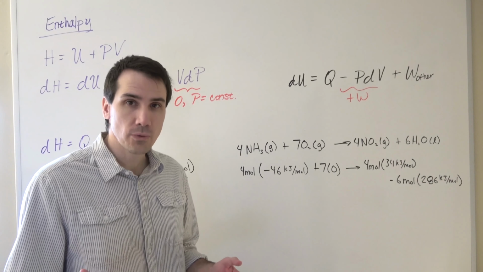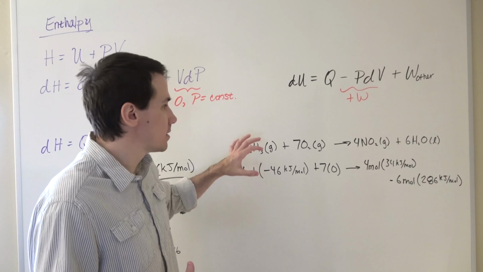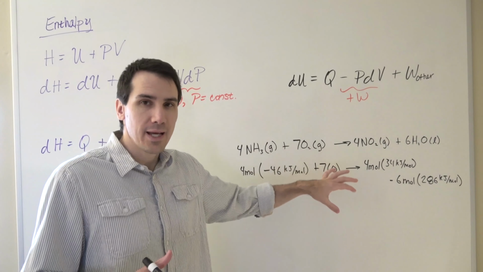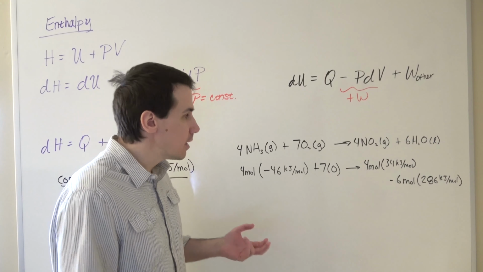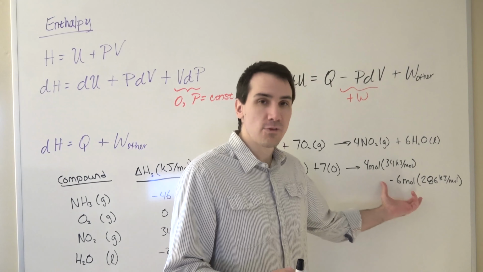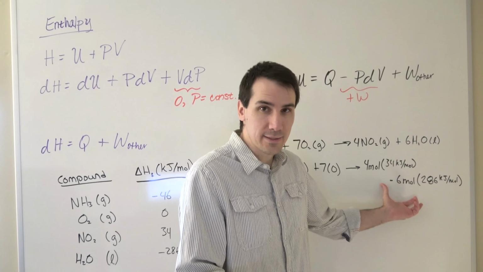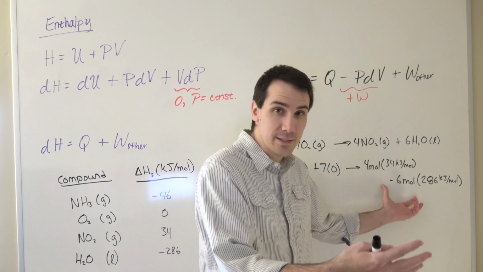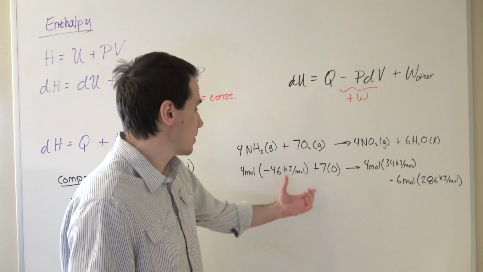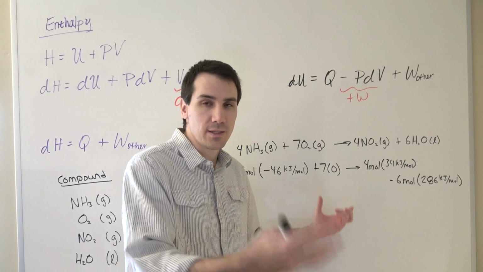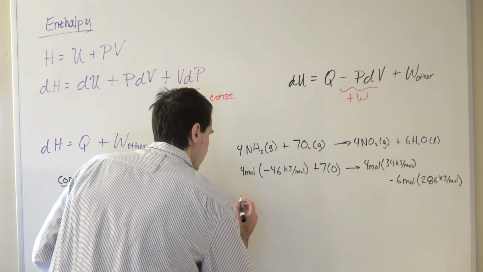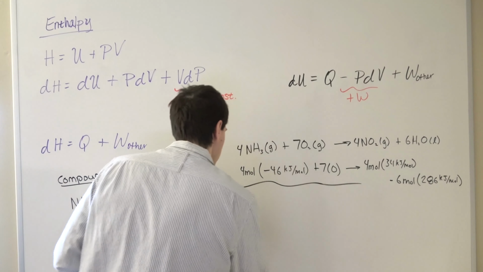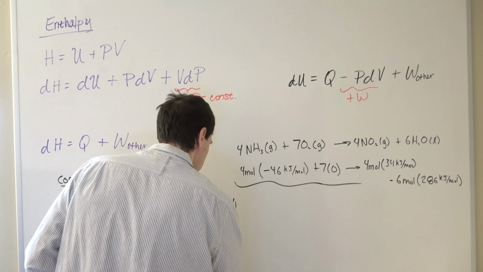We can find the total change in enthalpy of this process, and in turn find the total amount of heat given off or absorbed by the process, by taking the delta H values for the resultants of the process, and then subtracting the delta H values of the reactants, the initial molecules that we had. So this leads us to 4.